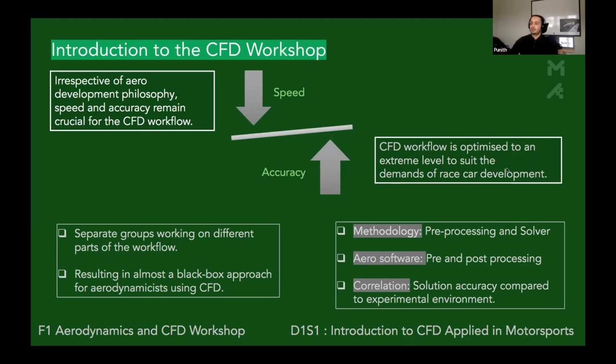The CFD workflow is optimized to an extreme level to suit the demands of race car development. I've seen different philosophies of giving up certain accuracy to achieve that speed. It's always a tricky balance, and I've seen extreme cases where speed is prioritized quite a lot, which got to a point where it didn't make a lot of sense anymore. And I've seen a good balance as well.